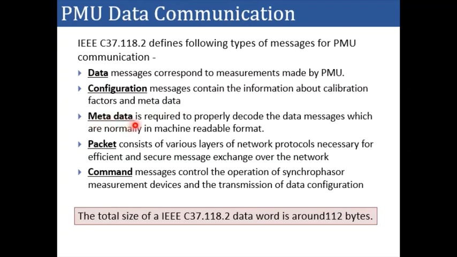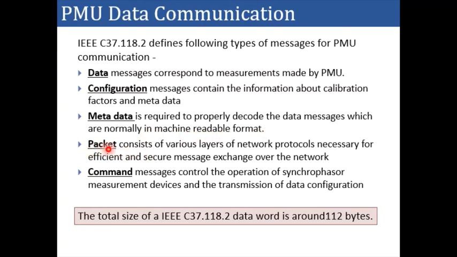What is metadata? Metadata is the data of data, meaning the information related to data being transmitted over the network. Now, metadata is required to properly decode the data messages, which are normally in the machine readable format.